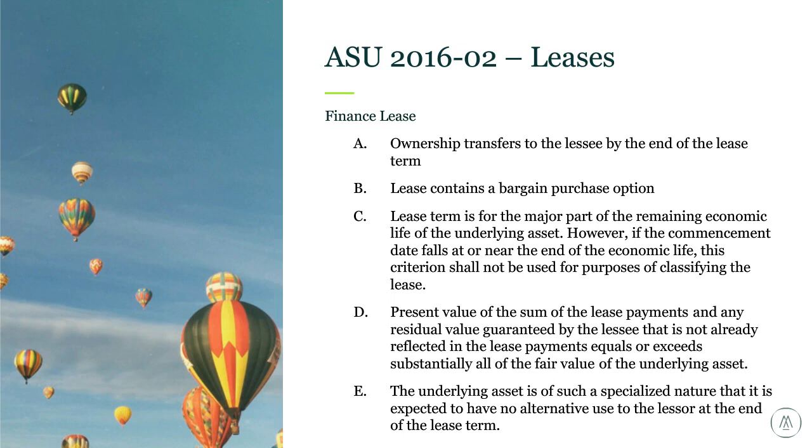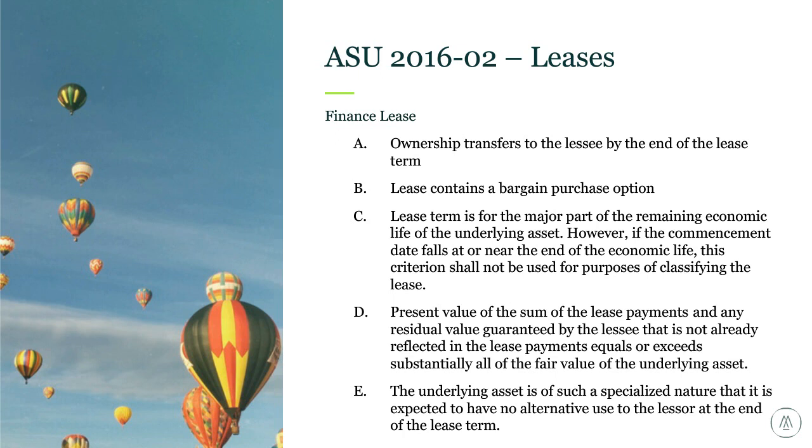The next item is if the underlying asset is leased for a major part of the remaining economic life. Within the codification, it discusses 75% as considered a major part. Now, if you're at or near the end of the economic life upon commencement of a lease, then you wouldn't consider this.